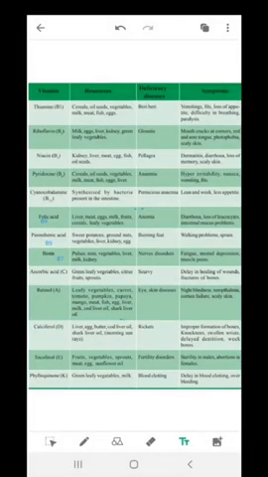Let us now discuss the vitamins, deficiency diseases and symptoms. The first one, thiamine, vitamin B1. The resources are given here. The deficiency disease caused because of thiamine deficiency is vomiting, fits, loss of appetite, difficulty in breathing, paralysis. Vitamin B2, riboflavin.